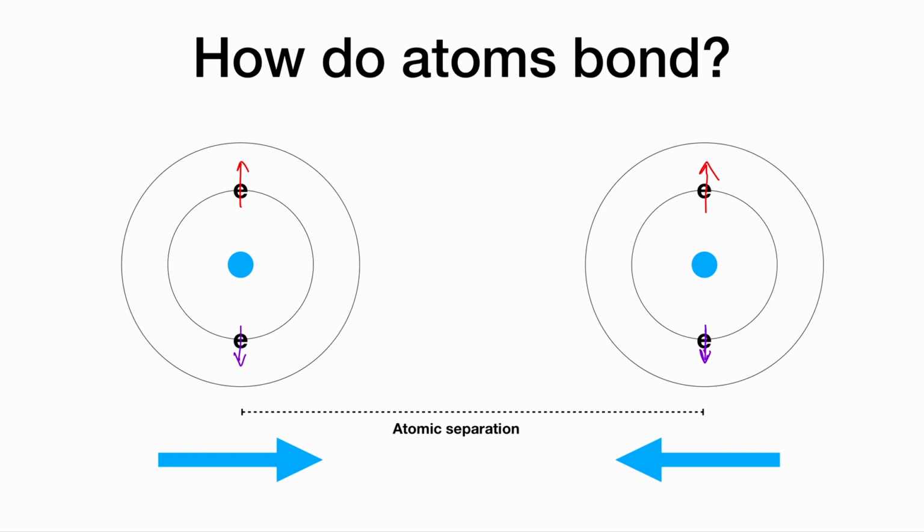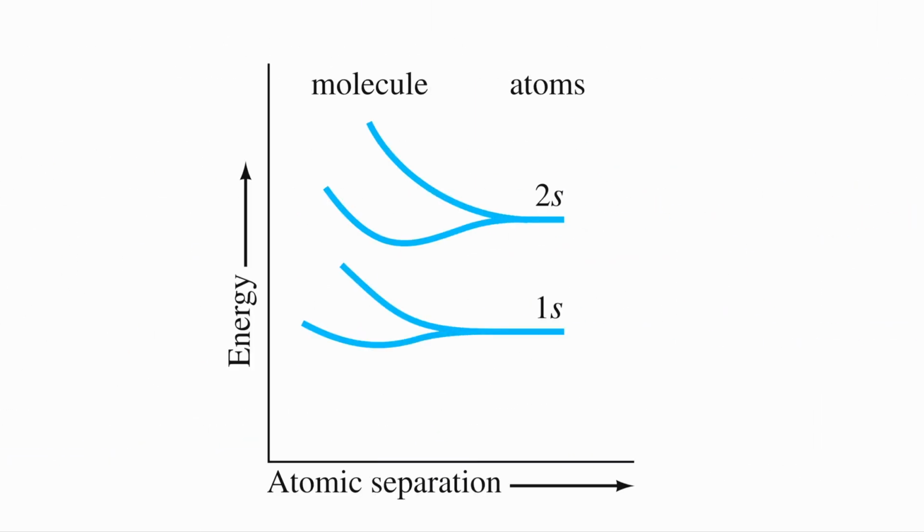Actually, the proper way of understanding this is that these energy levels, although they are discrete when the atom is by itself, begin to become bands when the atoms are brought together. What do I mean by bands? Essentially, this is what's happening.